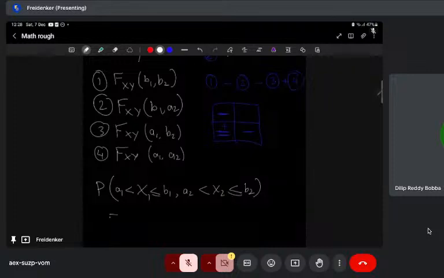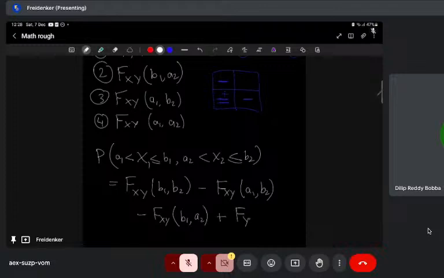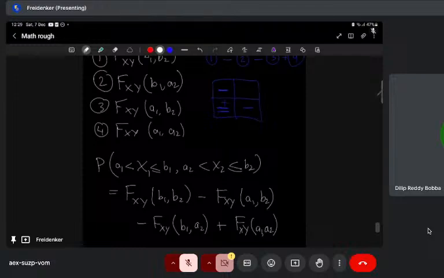So basically, CDF of the farthest point, minus F_XY at (a1, b2), minus F_XY at (b1, a2), and once you add the smaller box, F_XY at (a1, a2). That is the idea behind this formula.